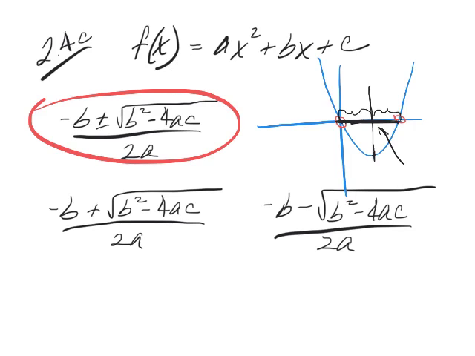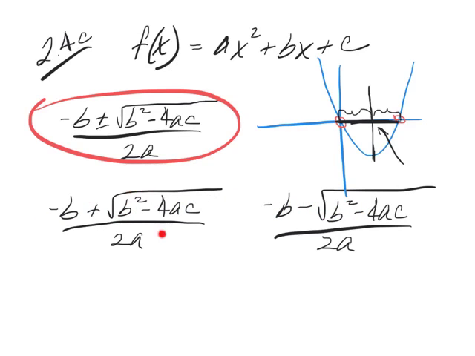When I do a parabola like this, I'm going to get one value that's negative b, because you get for an answer negative b plus or minus this. So that gives you two answers where this is going to cross. It gives you negative b plus this, and it's going to give you negative b minus this. So those are my 2 points.